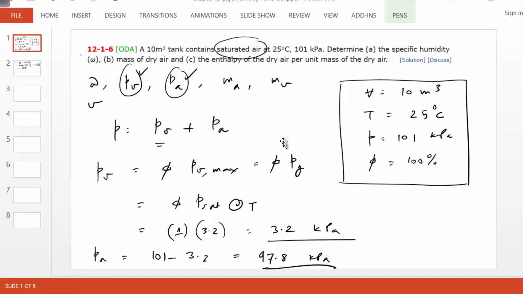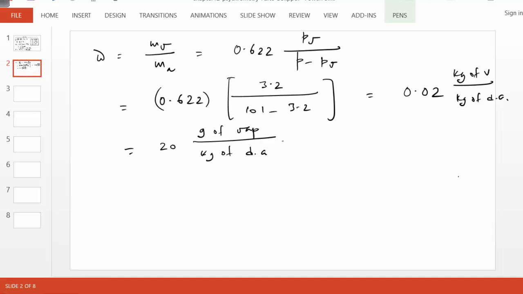So we calculated omega, we calculated PA and PV. Let's go and calculate the mass of dry air. To calculate mass of dry air, we can use PV equals mRT. So when we use this formula, we can obtain the mass of dry air as pressure of dry air times volume, divided by RA times temperature.